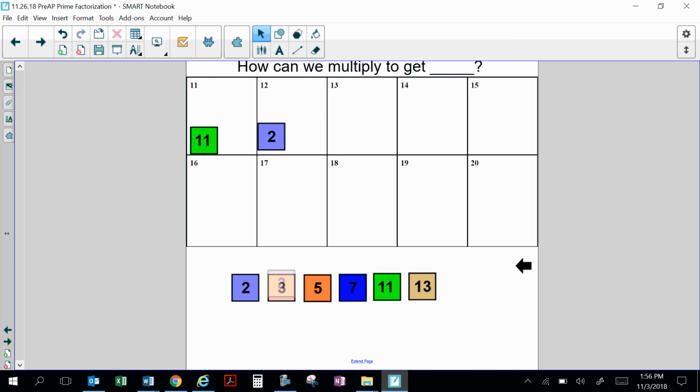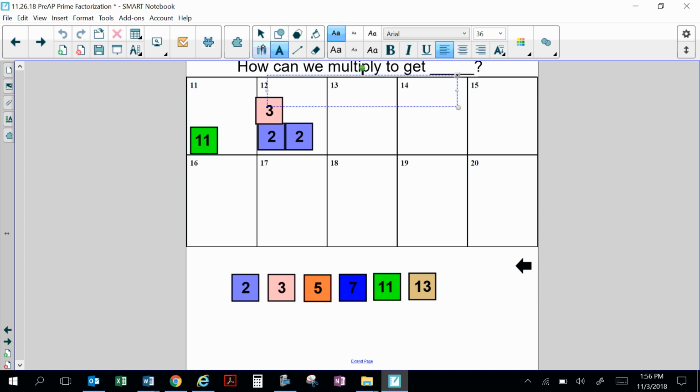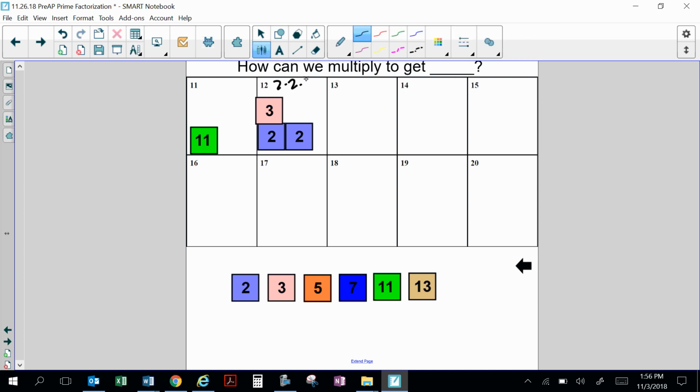So 2 times 3 is 6, times 2. And those are the factors that make up 12. How can I write this down? 2 times 2 times 3, or how will you write it as an exponent? 2 squared times 3.